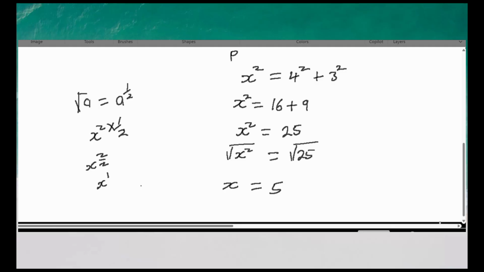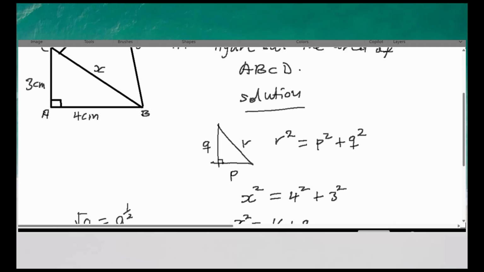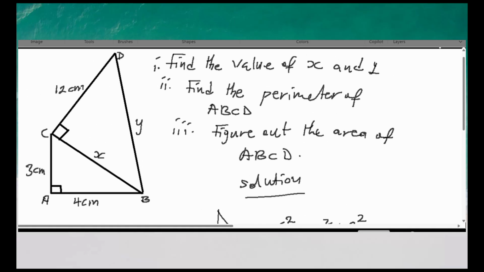Okay, having done finding the value for x, the next figure is going to be the value for y. Also looking at BCD, this sign here at this particular point shows that the angle BCD is 90 degrees.